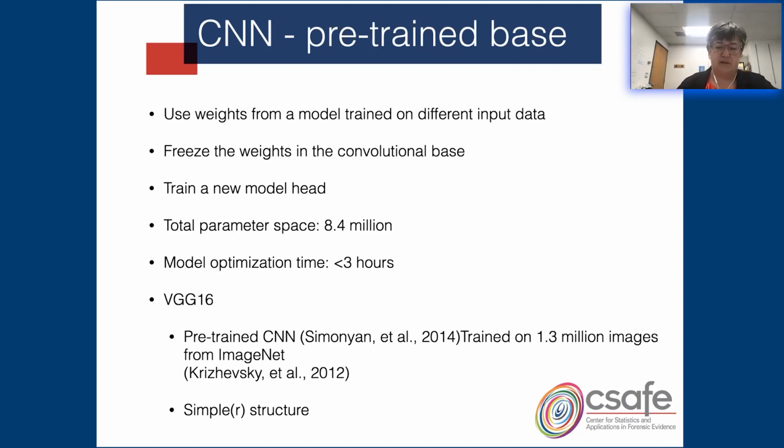That's a pre-trained convolutional neural network that's trained on more than 1 million images from ImageNet, and essentially focuses on trying to tell the difference between a frog, a car, and a train. So it's images, but it's using a lot of similar features to what we're looking for in the shoe patterns.